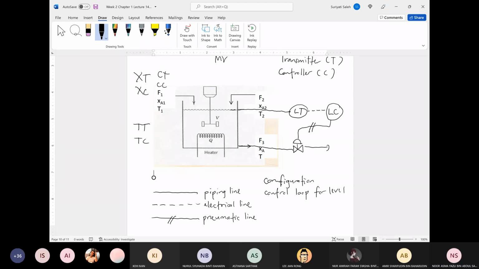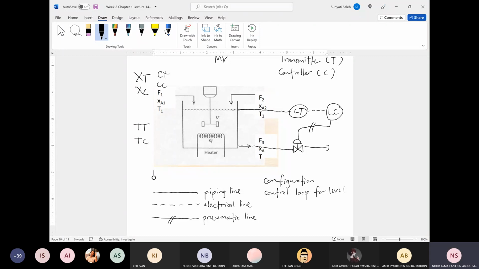Any question? Doctor, is Q a manipulated variable or a disturbance variable?